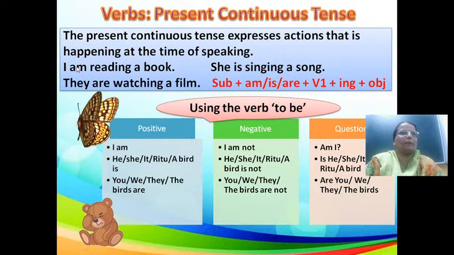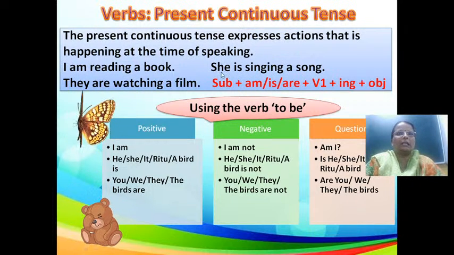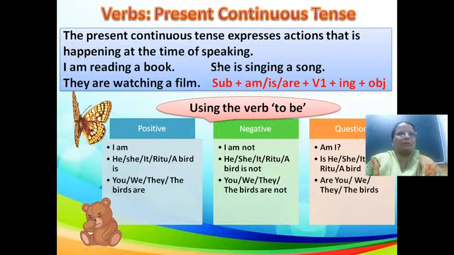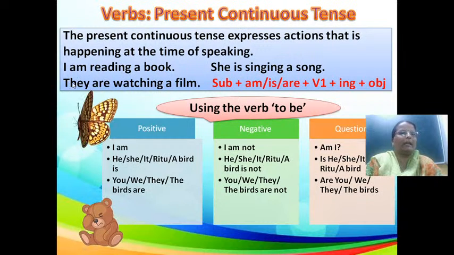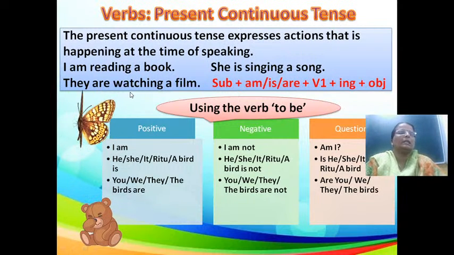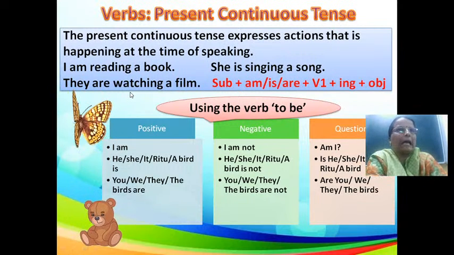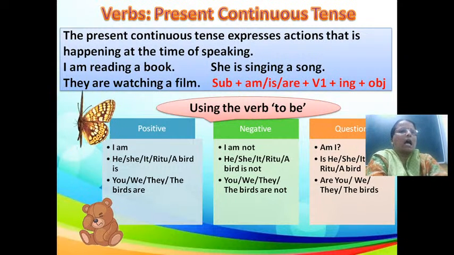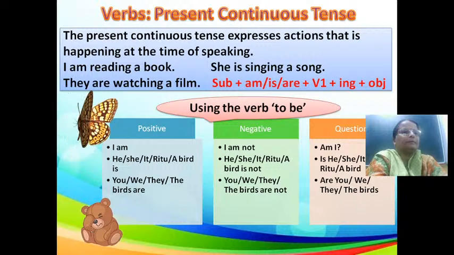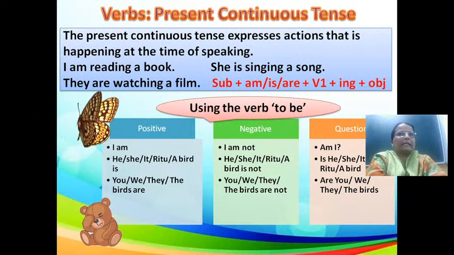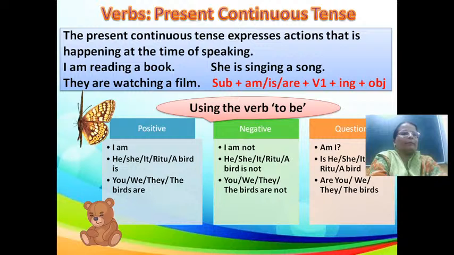I used the helping verb am with the I. Here she is the subject. I use the helping verb is with it. Okay. And in the third sample you can see they is the subject. I used are with it. Okay. That means students, the helping verb in present continuous tense changes according to the subject. Okay.